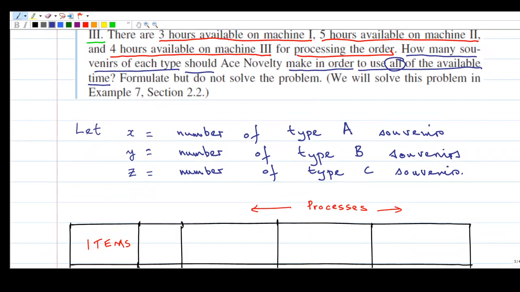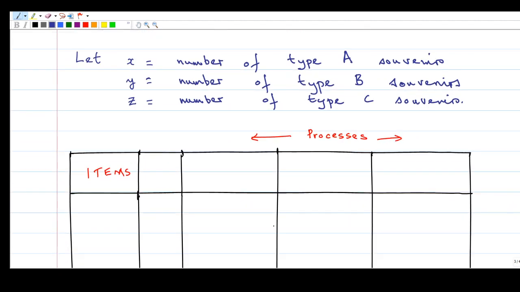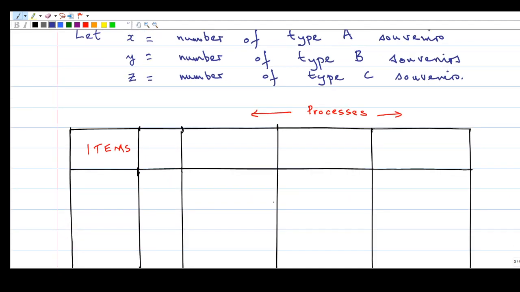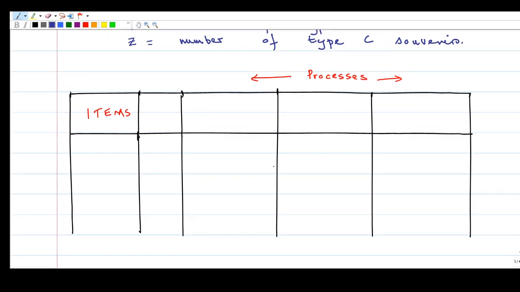Okay, now to take all the information that was underlined, we can put the information in table form, in a table like this. So we've got items, right? So we'll write the items under the items column.